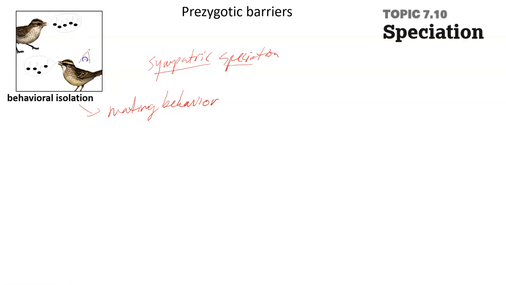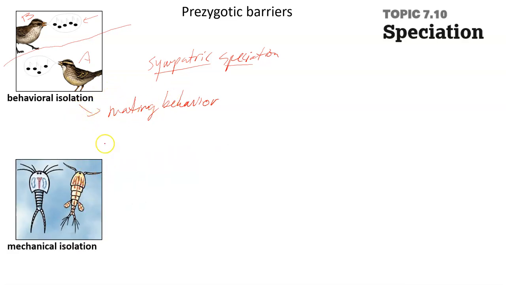Maybe this is species A, and this is species B, and wow, don't they look very similar? And they do. But perhaps the females only want this song that this bird sings, and females of species B only want what this bird sings. This will create isolation and division between these two species because the females only prefer specific songs. This is an example of behavioral isolation.